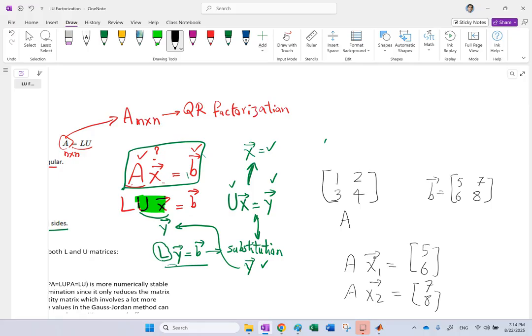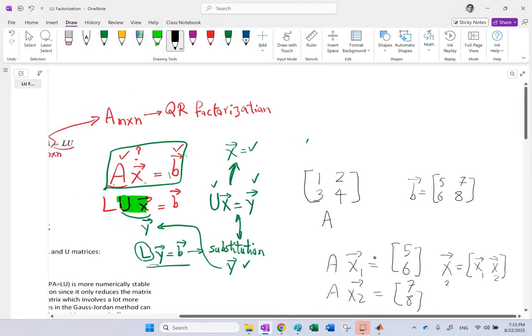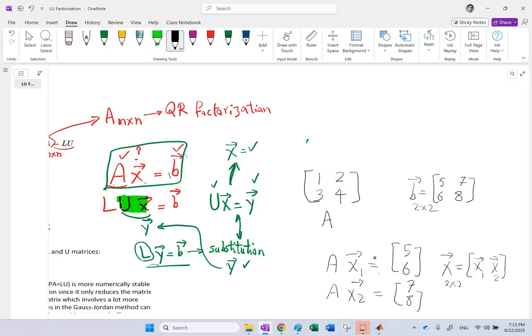So once you have x1 and x2, then your X, the solution, is going to be column x1 and then column x2, okay? So in this case, your X is also going to be a 2 by 2 and your B is a 2 by 2. So this is what we call a multiple right-hand side system, okay? Your right-hand side has two sets of values in it, and so your X will have two sets of solutions, okay?